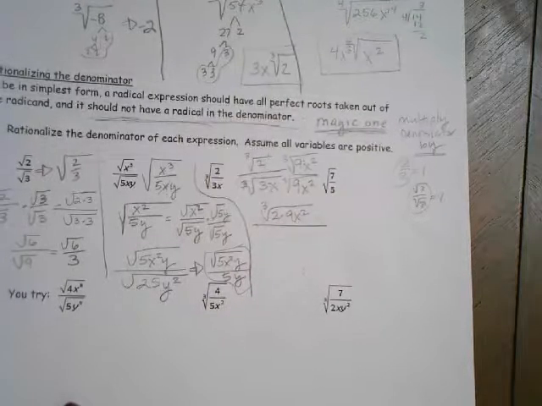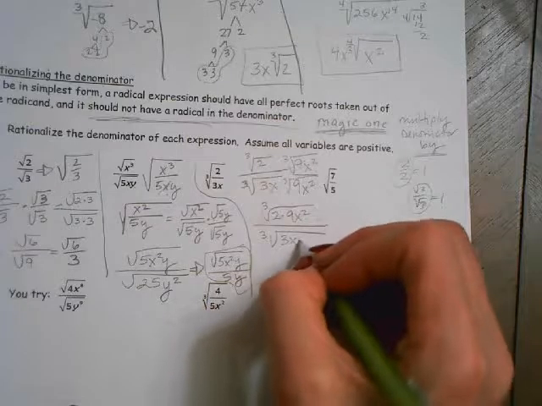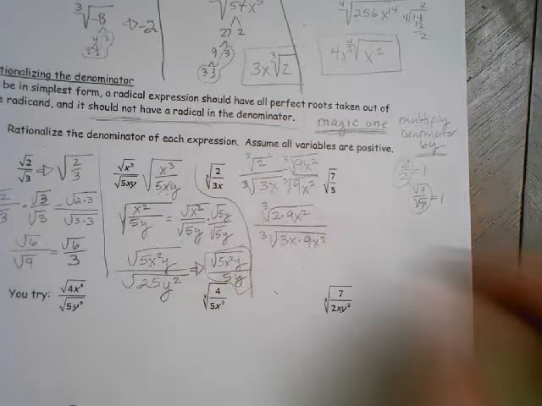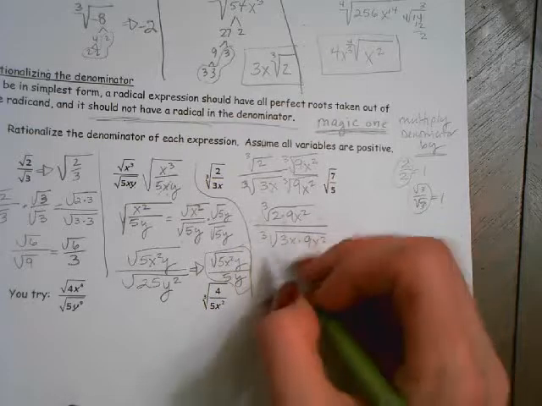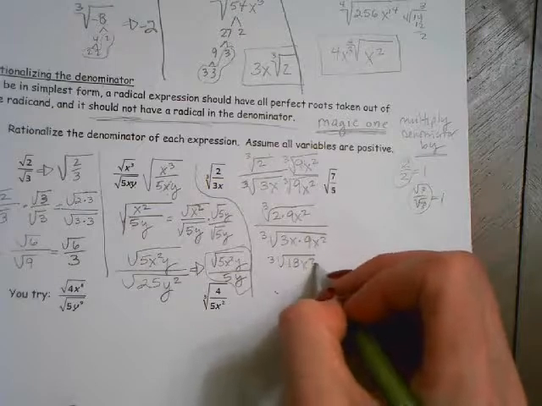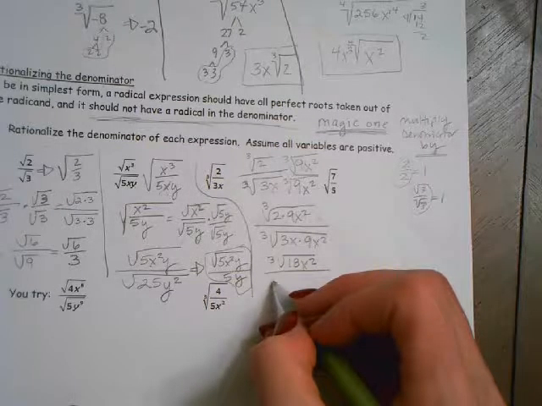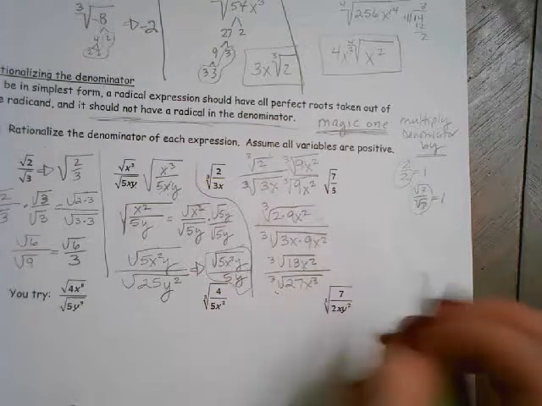And then the bottom is going to be the cube root of 3x times 9x squared. In doing that, the top becomes the cube root of 18x squared, and the bottom becomes the cube root of 27x cubed.